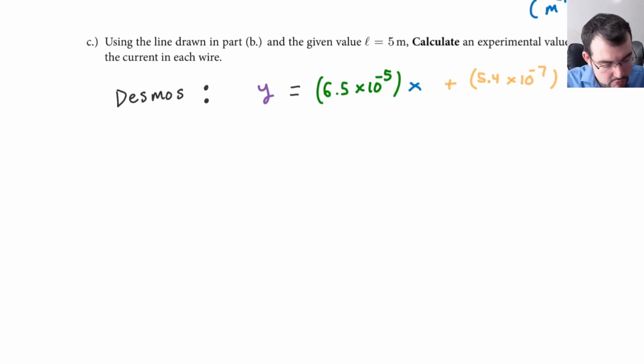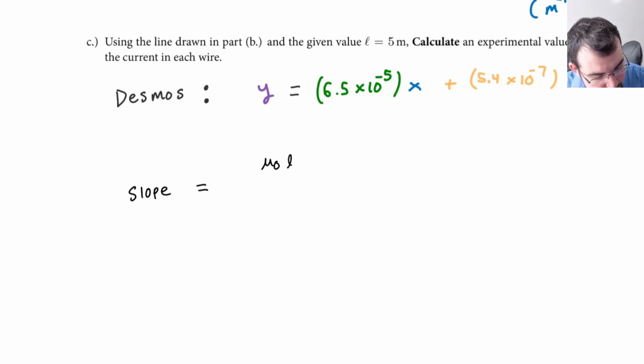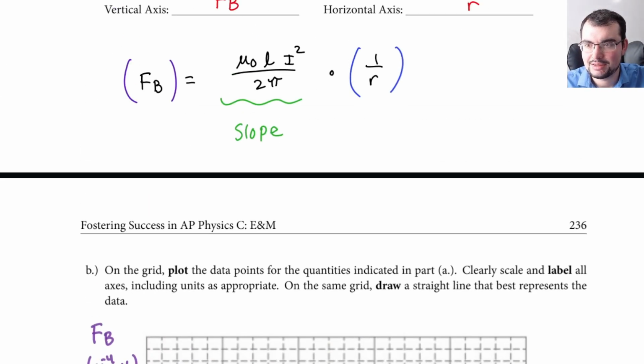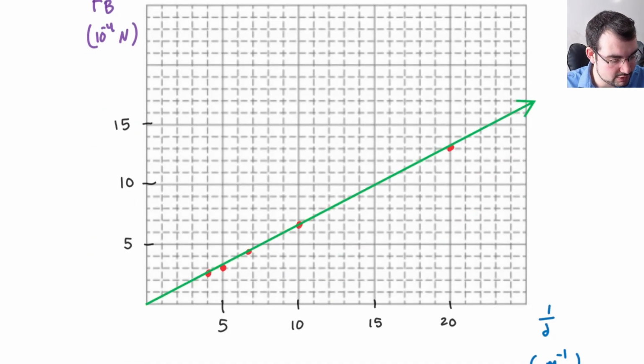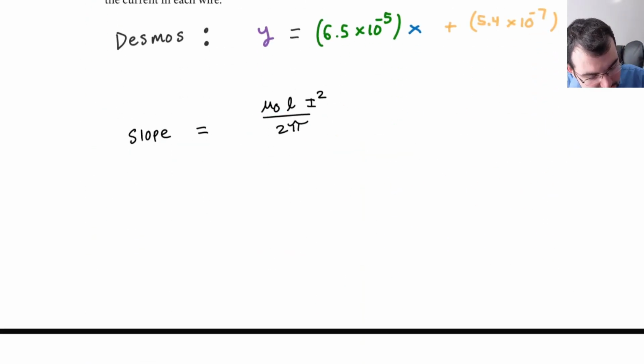All right, so we said that the slope of our best fit line was equal to mu naught L times I squared over 2 pi, right, because that is the constant in front of the 1 over R. And the thing we wanted was I. We can get 2 pi times slope is equal to mu naught L I squared.